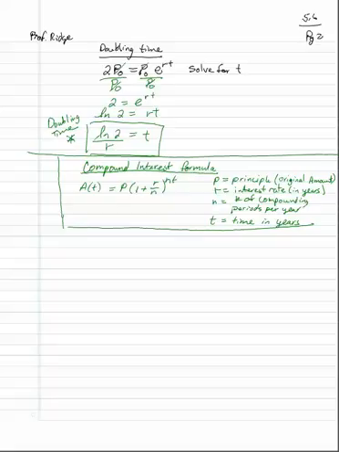Alright, so we have that formula. Now what if we let n get really large, instead of doing it every day, every hour, every second, and just do it continuously, so n would become infinity. We call that compounding continuously.